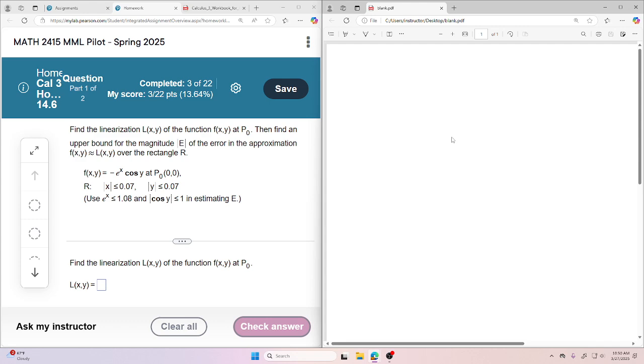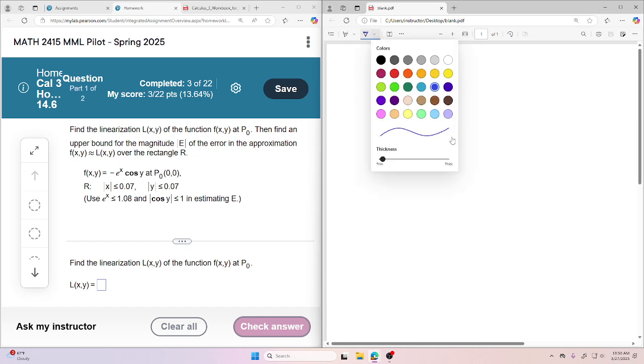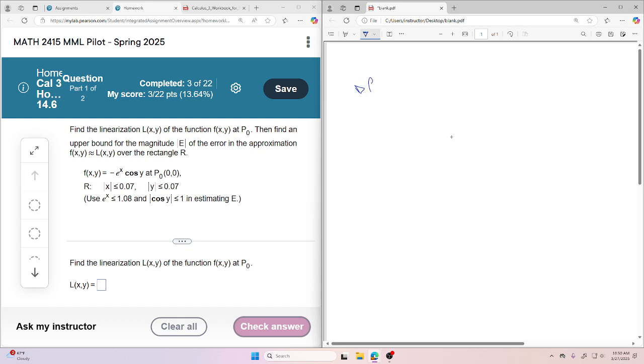Okay. So y'all all have part A down, yeah? Yeah, that's the easy part. But I still need to do it. So I'm doing grad f, and so in terms of x, I would get the negative e^x cosine y, and then in terms of y, it's negative cosine.